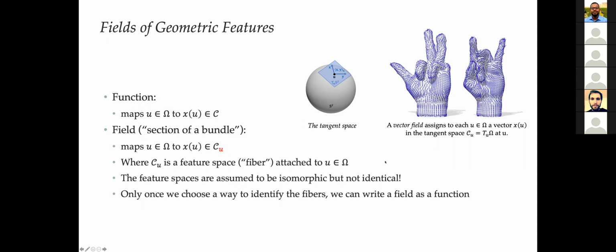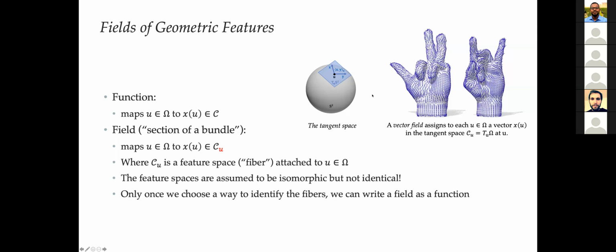To make that more intuitive, we can look at this figure of a vector field on a mesh. A vector field assigns to each point in the manifold a vector, and this vector lies in the tangent plane to that point. Every point on the manifold has a tangent plane, which you can see drawn here on the sphere.